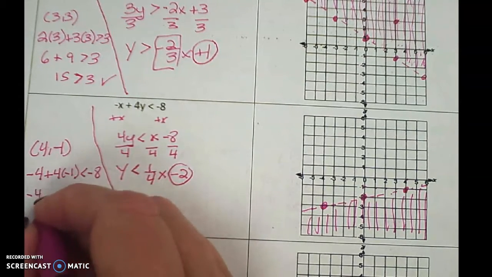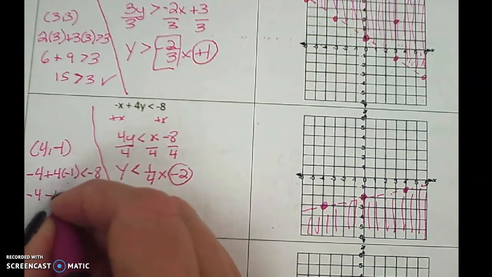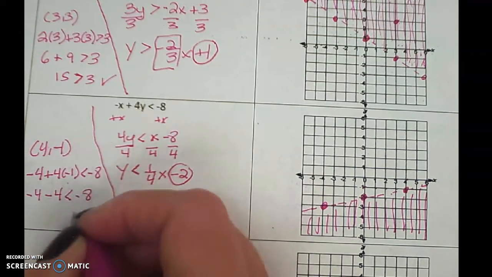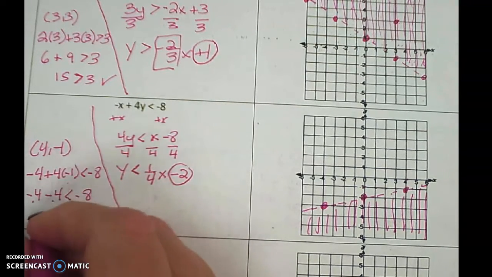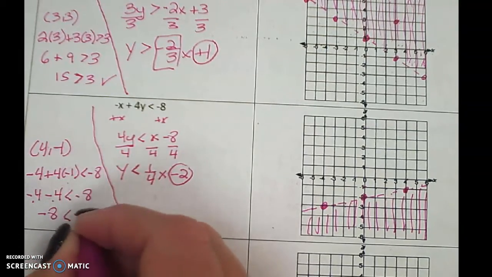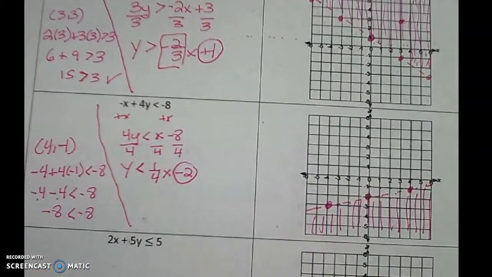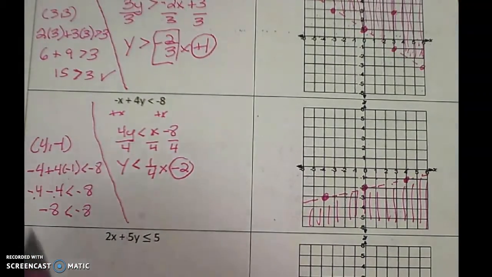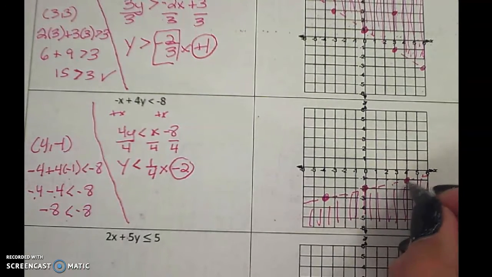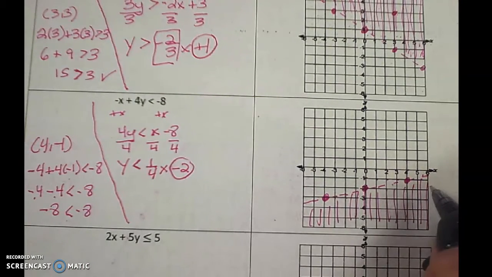So negative 4 times negative 1 is negative 4, is less than negative 8. Negative 4 minus 4 is negative 8, and negative 8 is not less than negative 8. Okay? Had it been equal to, it would be okay. So this is not a solution, and we just checked that our boundary is correct.